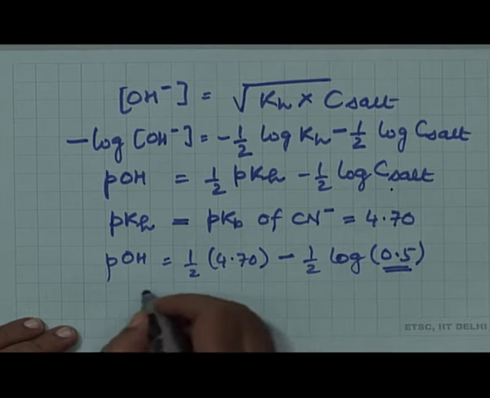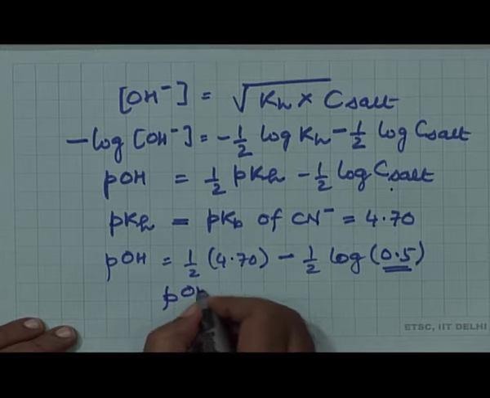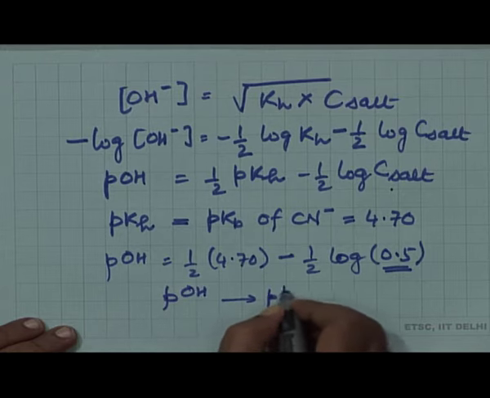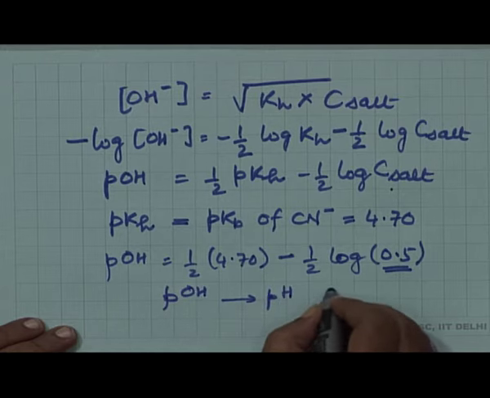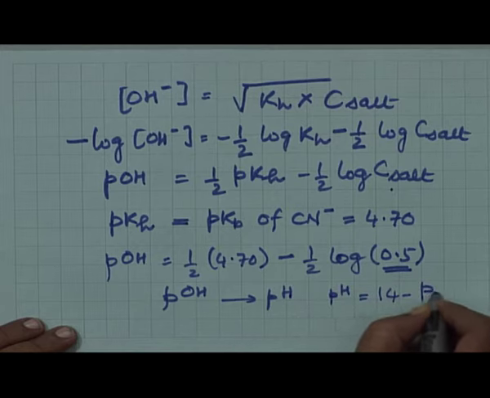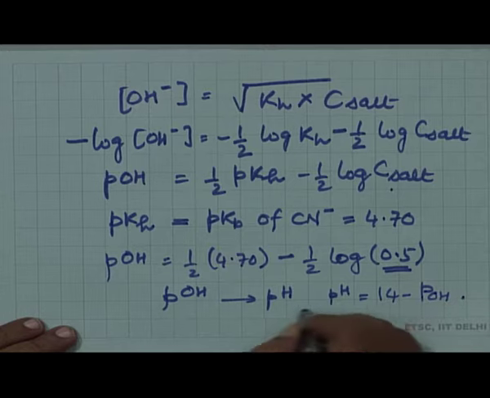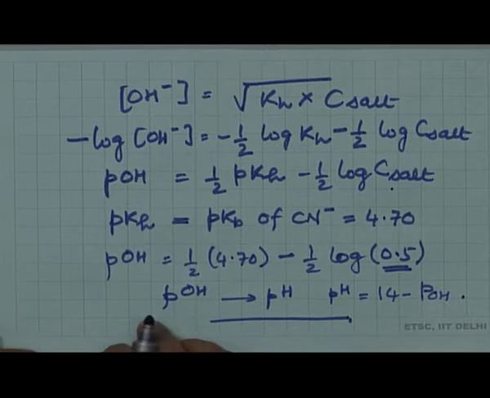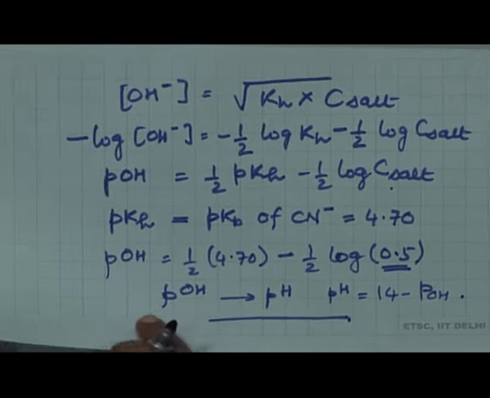If we solve that, we can get pOH, and from that you can calculate pH. So, pH is equal to 14 minus pOH.